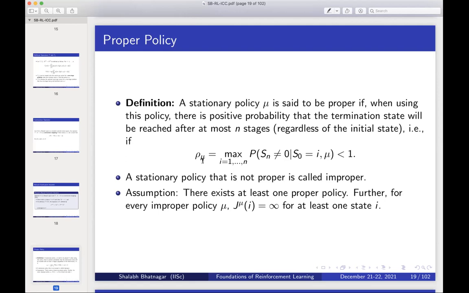The point is that instead of gamma power j, you get rho mu power something, and that comes in naturally. One can visualize that and see that everything can be cast so that it becomes analogous to the infinite horizon problem as well.